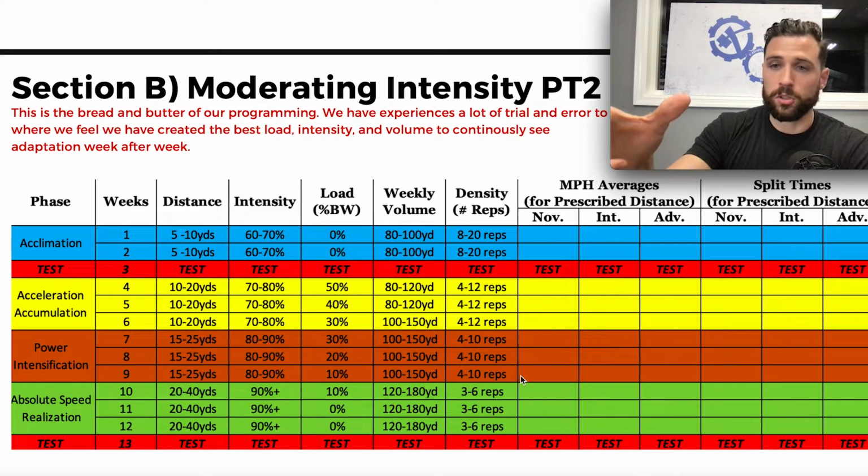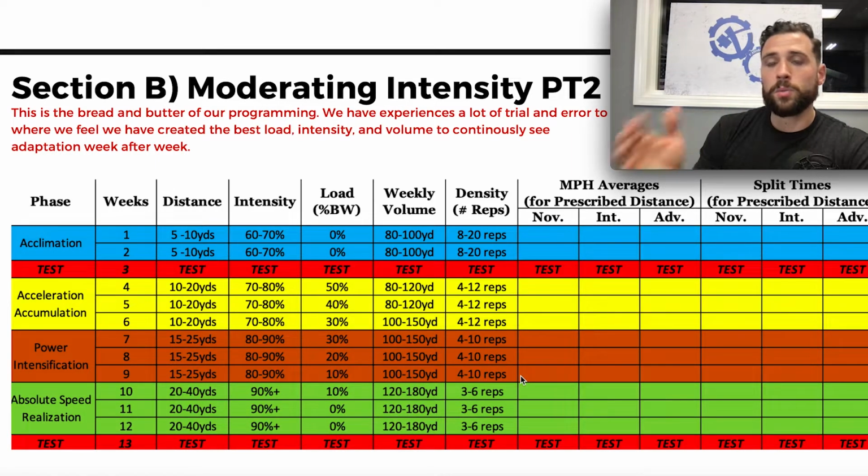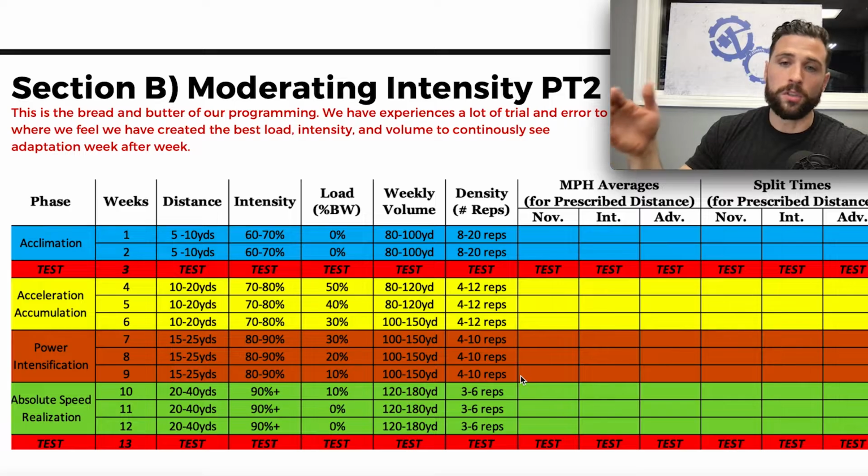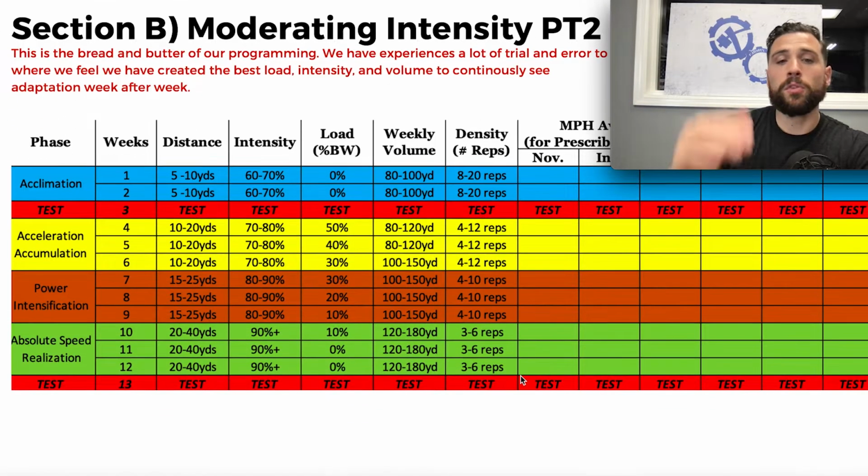This is also based on split time. So there is a direct relationship between split time, strength deficiency, and mechanics when working on the start of the sprint. As we move on beyond testing, now we look at our acceleration accumulation.